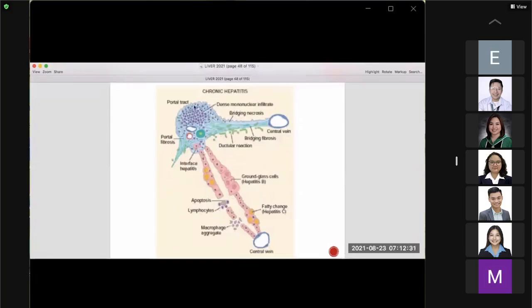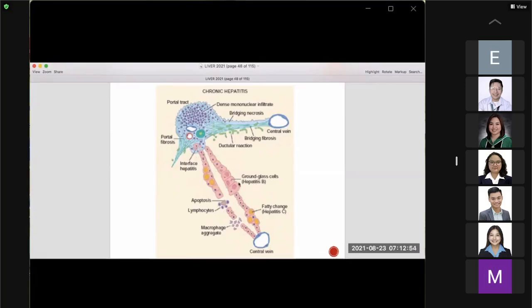And so there is a lot of mononuclear infiltration in the portal tract region. There can be presence of fibrosis, bridging fibrosis, and we also have what we call interface hepatitis. We get to see inflammatory cells in between liver cells.